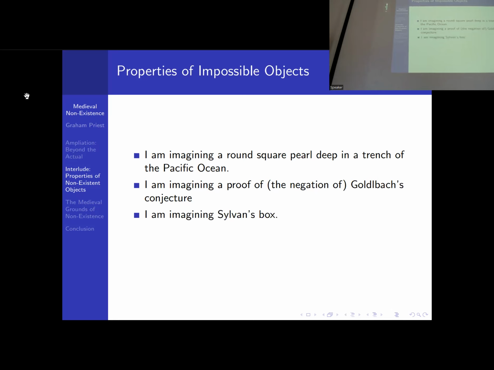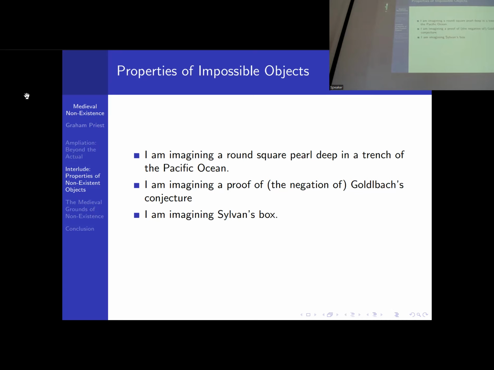Or okay, some of you may know this. I wrote a short story many years ago called Sylvan's Box, which is about, well, it's about Richard Sylvan in the first instance, although he's dead. And it's about what happens after he dies. And there are two characters who are alive in the story. One is myself, one is Richard's literary executor, Nick Griffin. And we actually find a box amongst Richard's possessions, which is an impossible object.